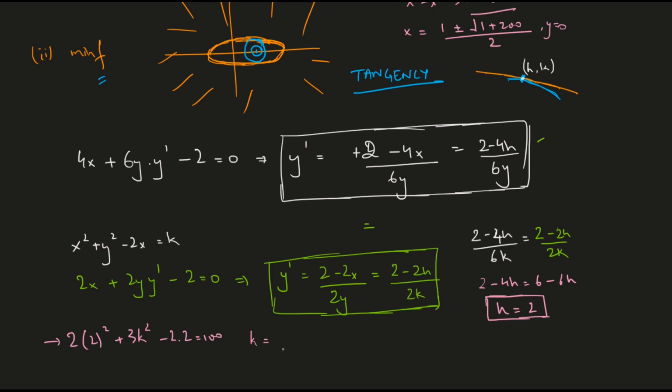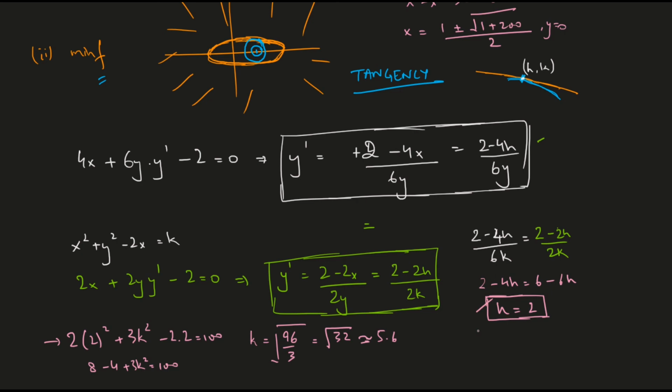Okay, so once we've done this, we can find the value of k, and I don't think that would be a good looking value. So let's see, this is 8 minus 4 plus 3k squared equal to 100, which would mean that I have k squared equal to 96 over 3, so k is the square root of 32, roughly something like 5.6.